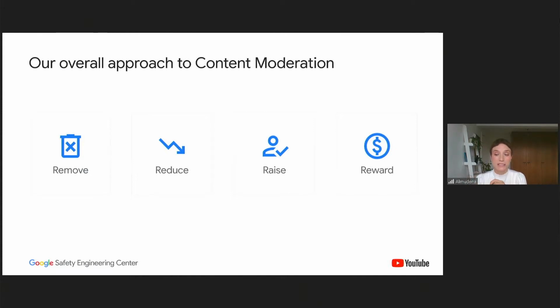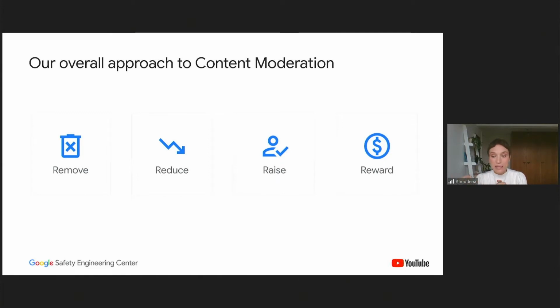We also reduce content that is meant to spread harmful content or is borderline material. When it comes to children, for example, this is content that might not meet the threshold of illegality but is sexualizing children in inappropriate ways.